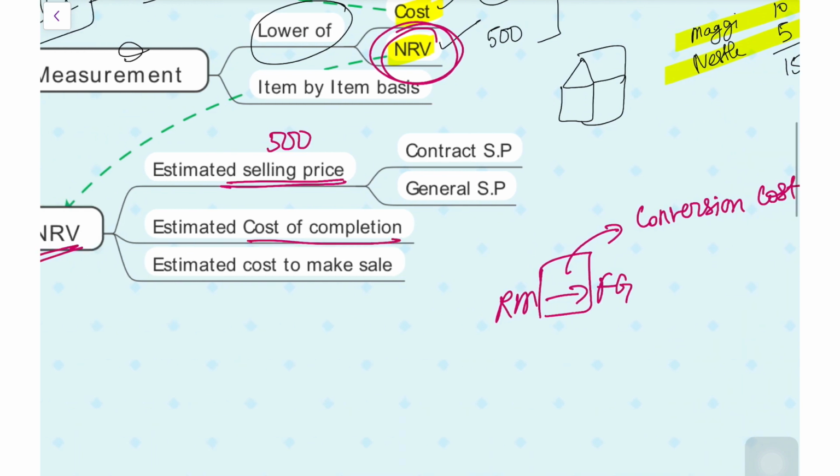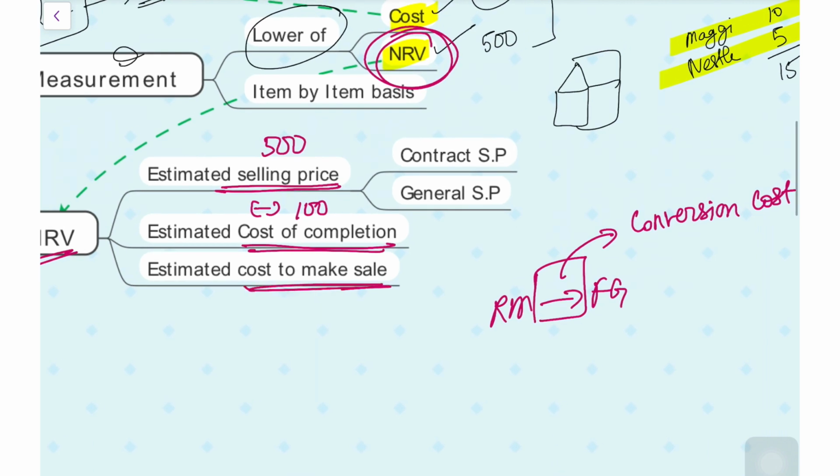So if the cost of completing one cake was 100 rupees, that 100 rupees you will minus from your selling price, because selling price is an income, and 100 rupees you have put in as a cost to bring in that income. So you will take the net income only. So 500 minus 100, and then any cost that you have incurred to make the sale.